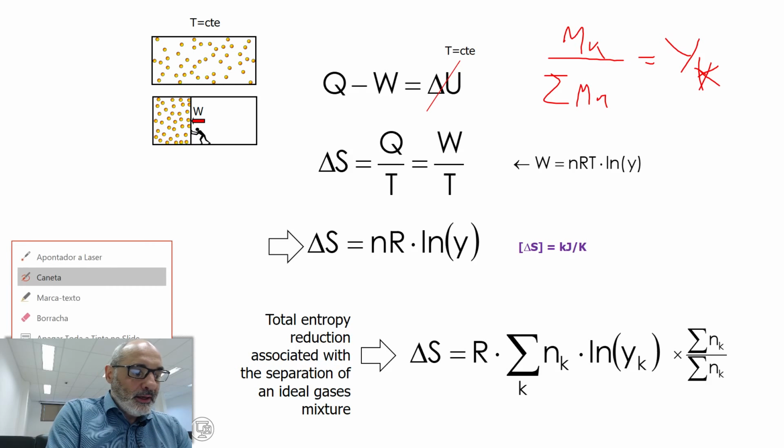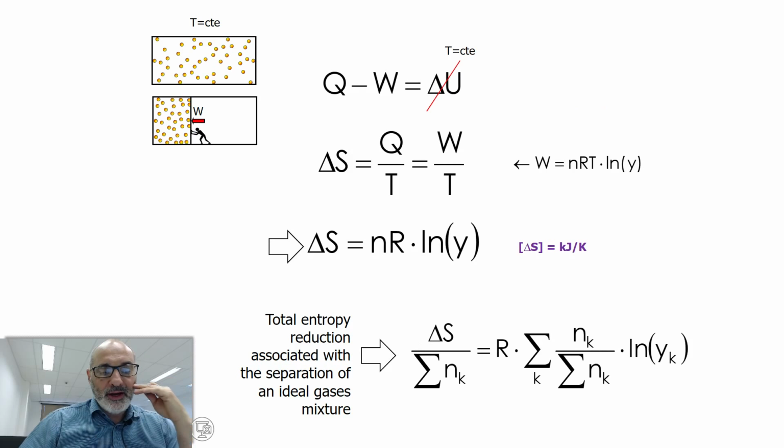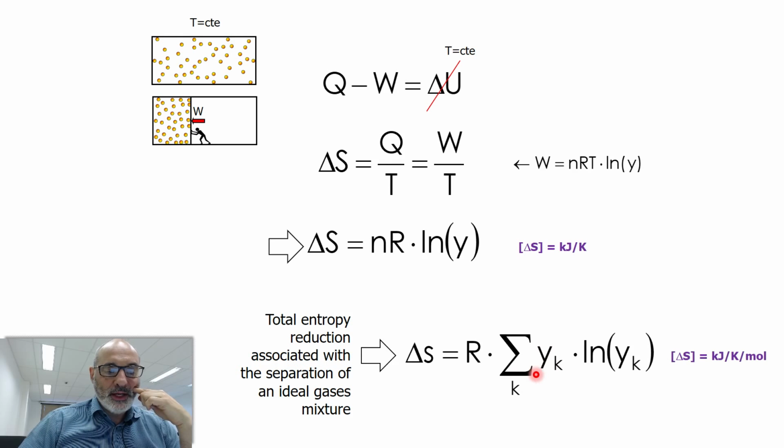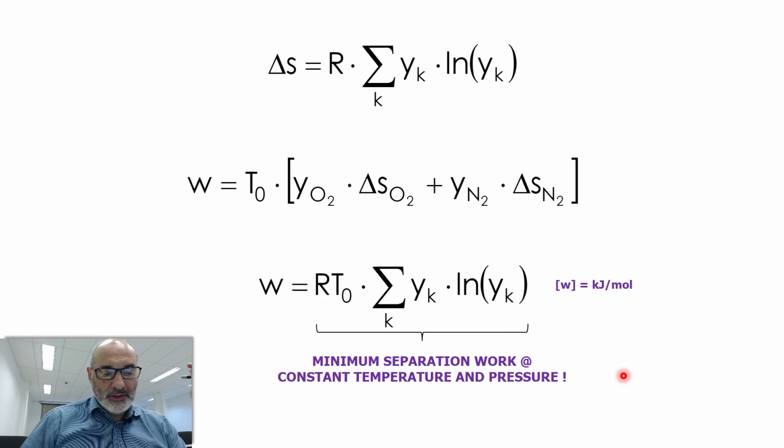By doing this, I get our final formula, that the specific entropy variation is equal to this, which I can write simply as the sum of Yk times ln of Yk. So this is a simple deduction which we're going to apply to our process.